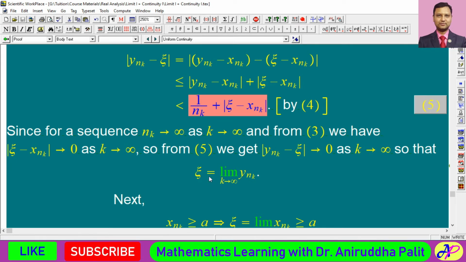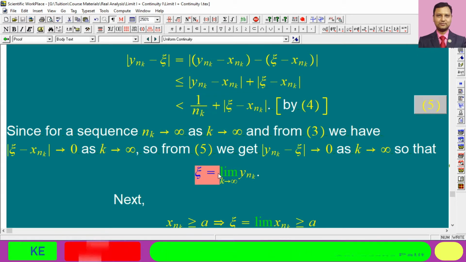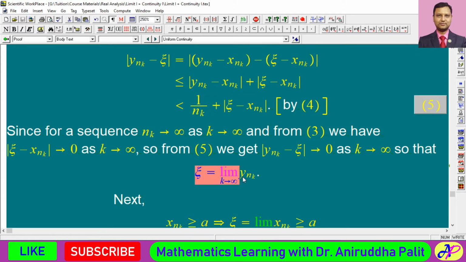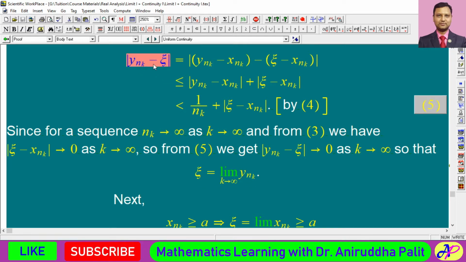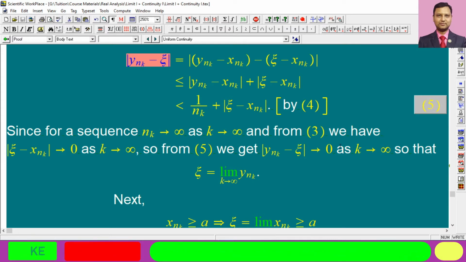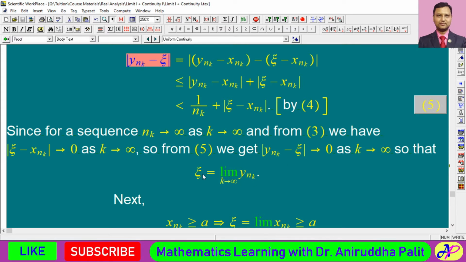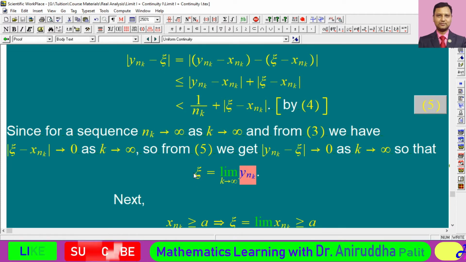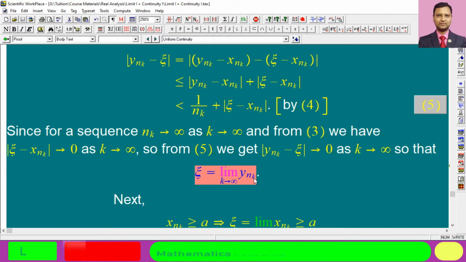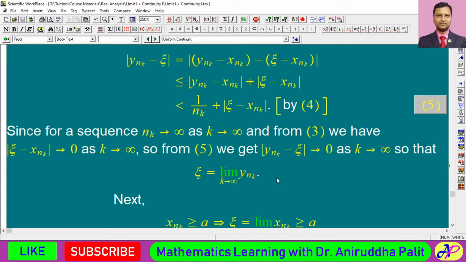That means ynk minus xi tends to 0, that is, ynk is converging to the limit xi. Therefore, we can say that xi is equal to the limit of ynk.